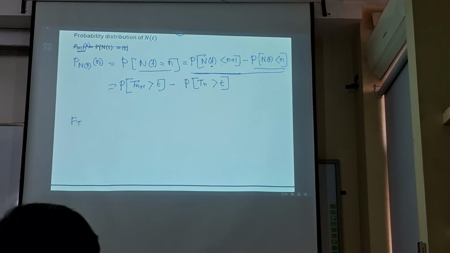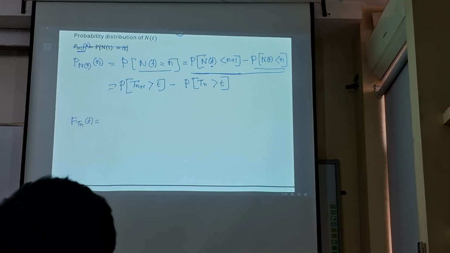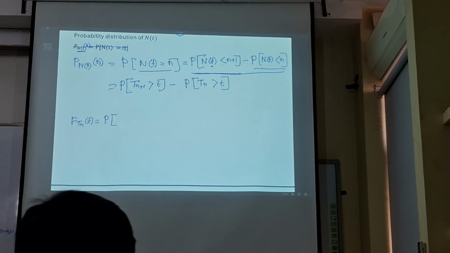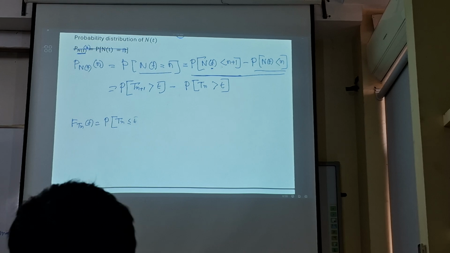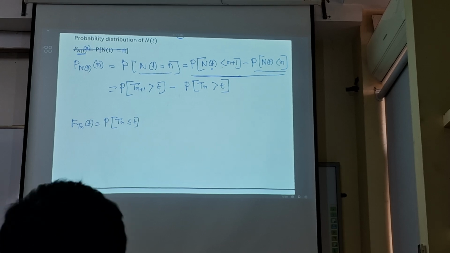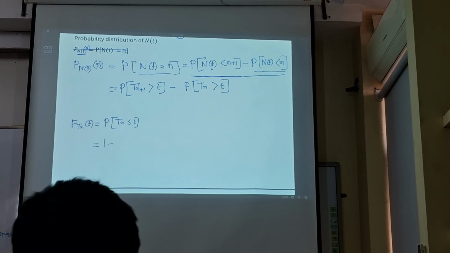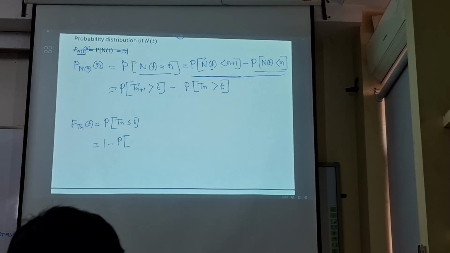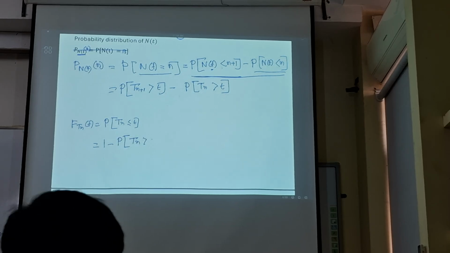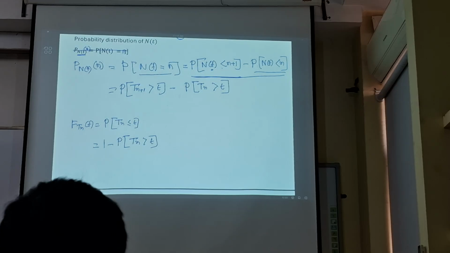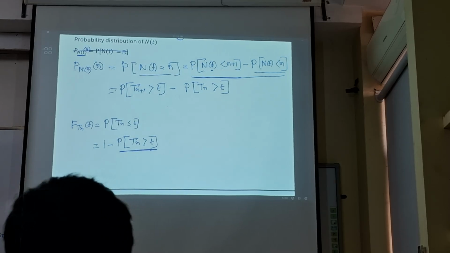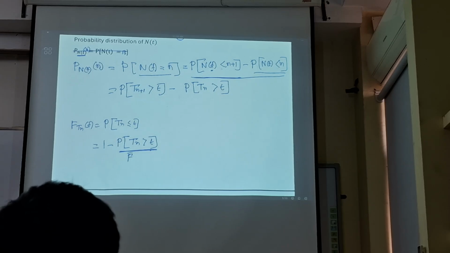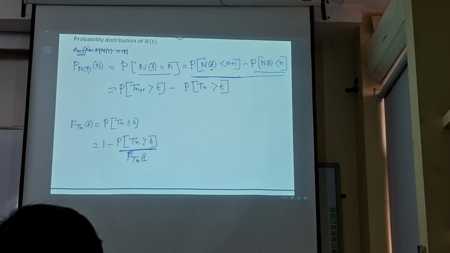So following this one, if we define the CDF of T sub n at t, it is equal to the probability that T sub n is less than or equal to t, which we can write as 1 minus the probability that T sub n is greater than t. Can I write this? And this quantity we define many times as the complementary CDF.